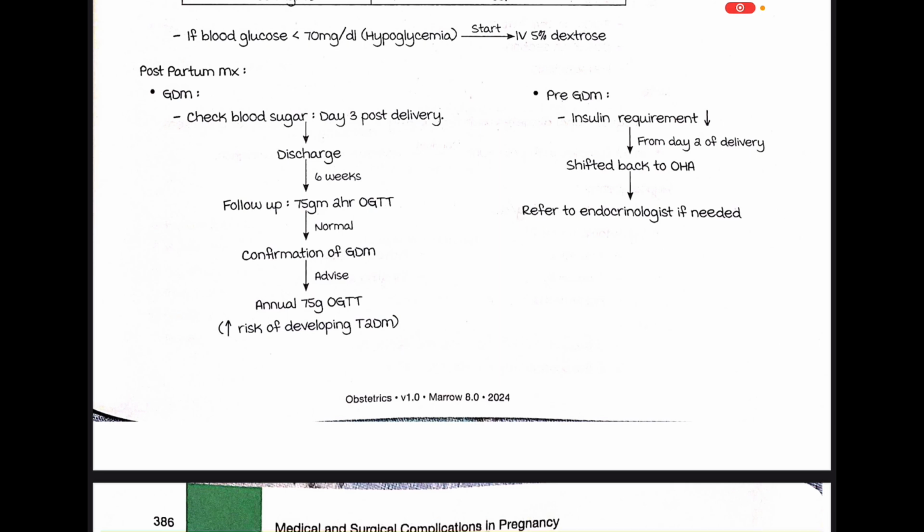If normal, gestational diabetes is confirmed; advise an annual 75 gram oral glucose tolerance test once in a year, as there is increased risk of developing type 2 diabetes mellitus. In pre-gestational diabetes, insulin requirement decreases. From day 2 of delivery, shift back to oral hypoglycemic agents, and refer to an endocrinologist if required.